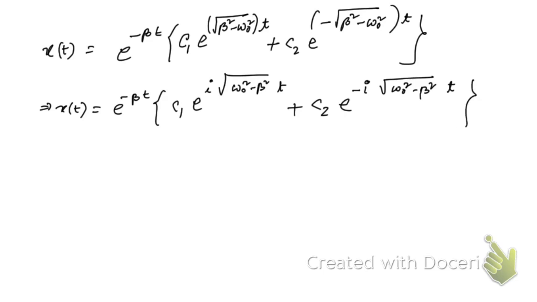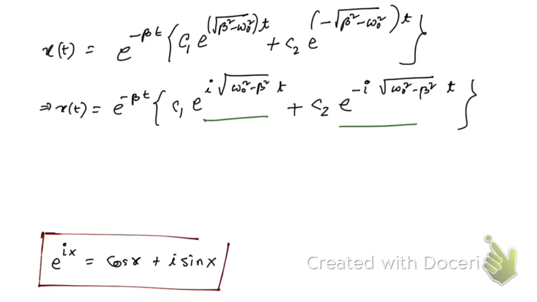That's how we can write. Now you see, as we know that e to the power ix is equal to cos x plus i sin x, we're going to apply this identity here and here.